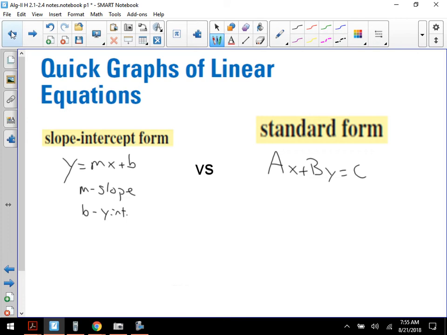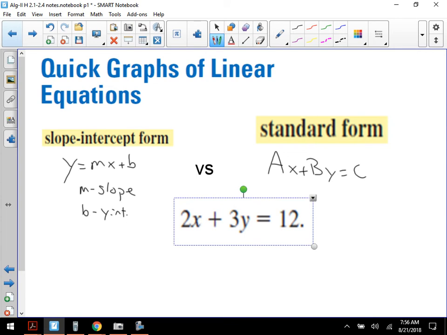For example, this one here, that's in standard form. Are we okay with that? You guys have been taught to get y by itself. What would you do first to get y by itself? I don't want to divide by 2x. It's 2x plus 3y. Subtract the 2x. Everybody see that?